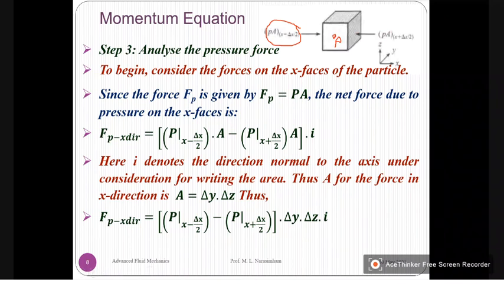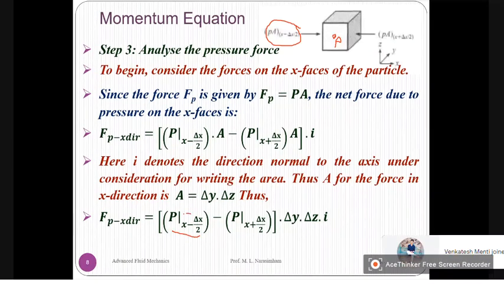Here you can see P indicates the pressure on the surface which is located at x minus delta x by 2.